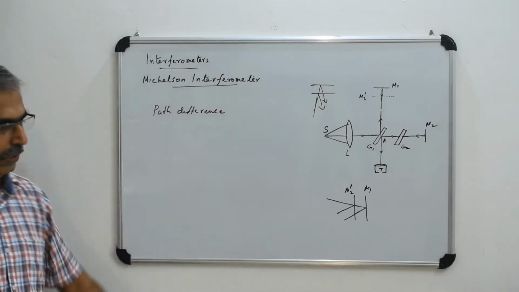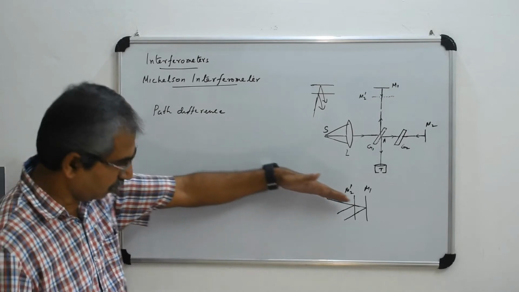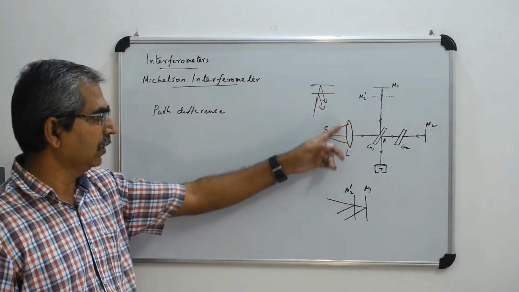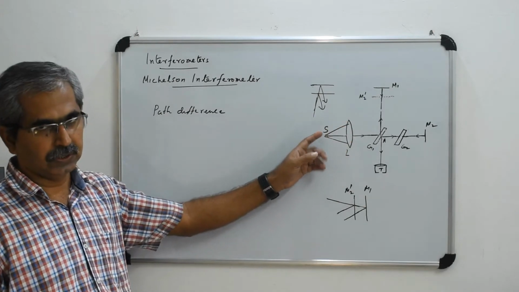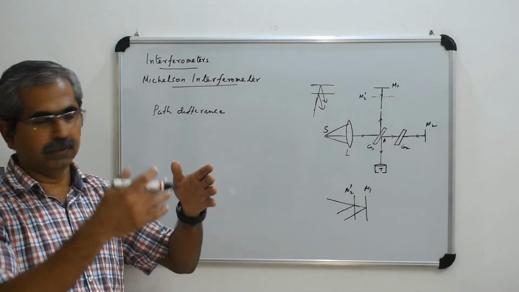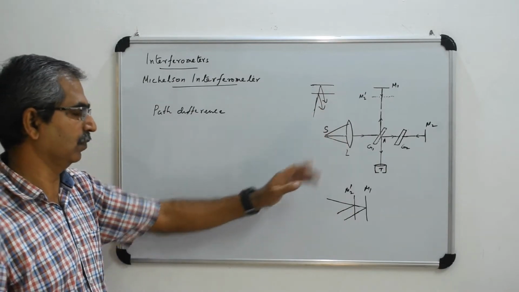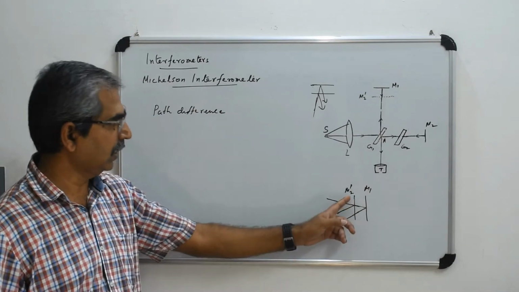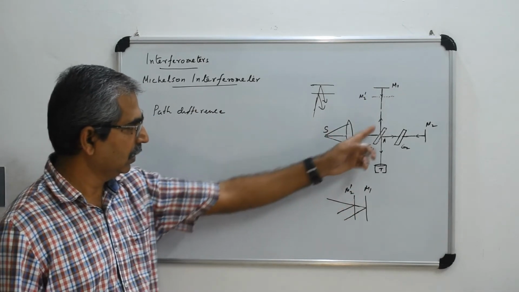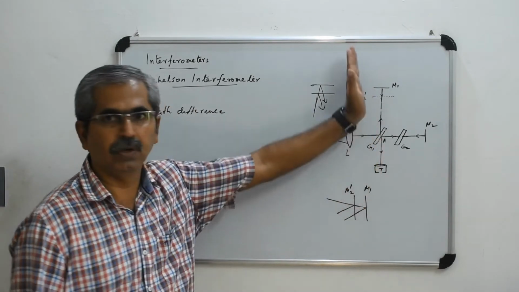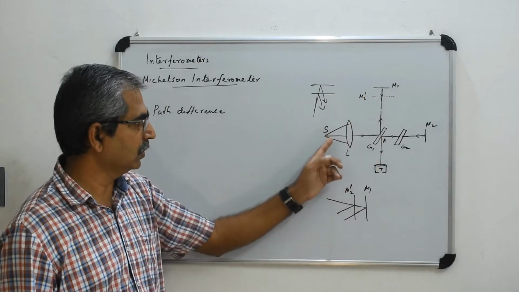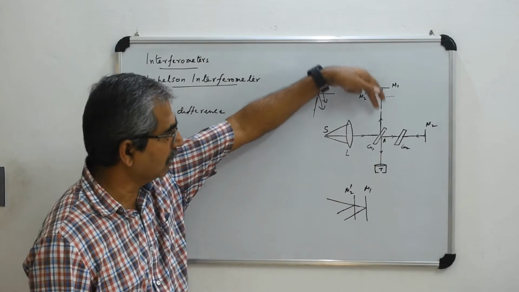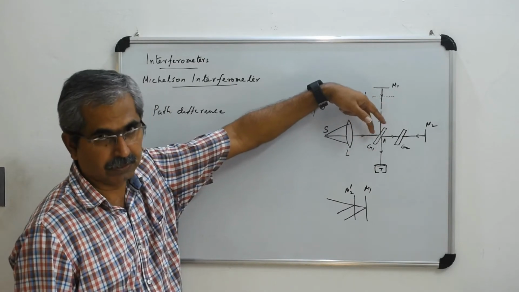I am taking an oblique incidence, which is a generalization, because this is an extended source, isn't it? So light can be coming from different points. This is an extended source of light. For such a situation, say this is M1 and this one is M2 dash, and a light ray is coming. All that you are observing is along this particular direction. Suppose you are standing here and looking at the mirror G1, the semi-silvered one.